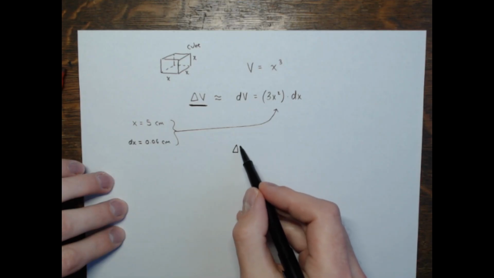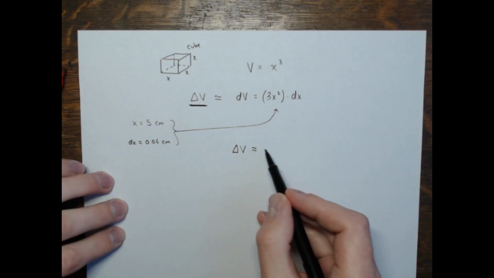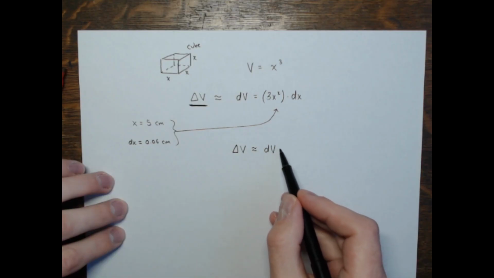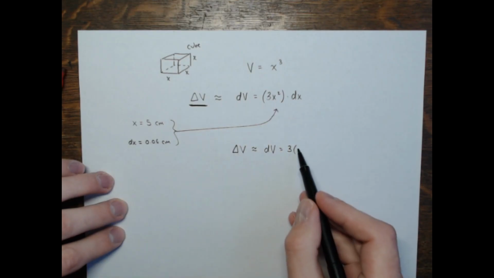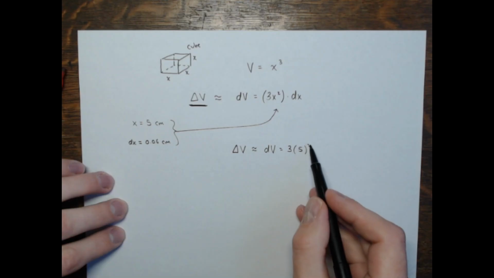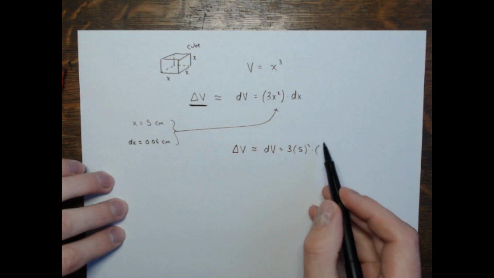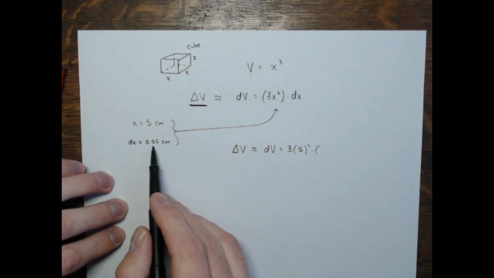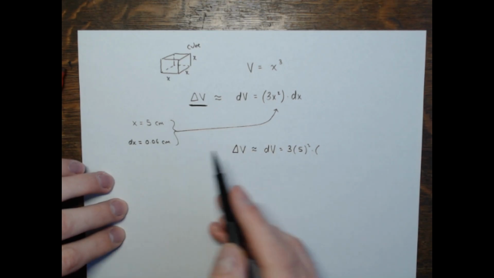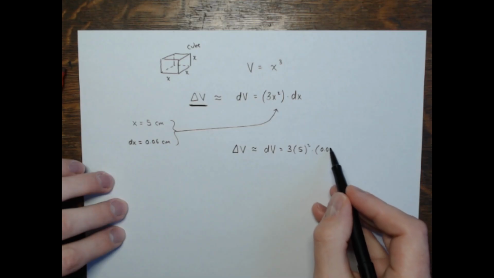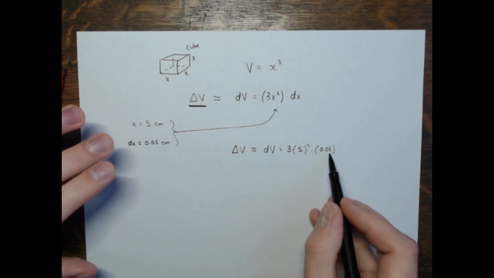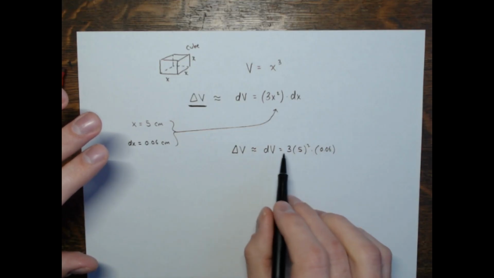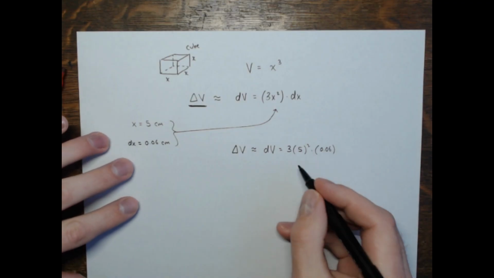So delta V should be approximately the same as dV, which is 3 times my value of x, which was 5, so 5 squared, and then times that possible error in x, 0.06. This is in centimeters squared times centimeters, so this should be a change in volume, cubic centimeters.